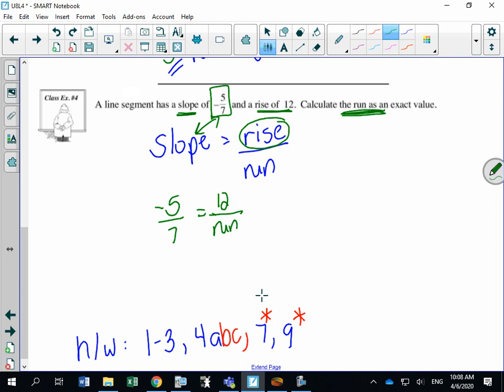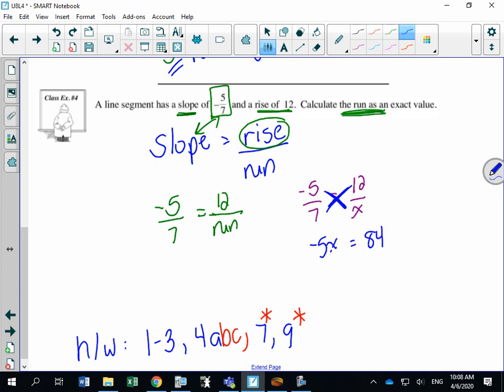So essentially what this becomes is -5/7 is equal to 12/x. If I said, well, calculate what x is, you would need to cross multiply. So this times this would be -5x. And 7 times 12 would give me 84.